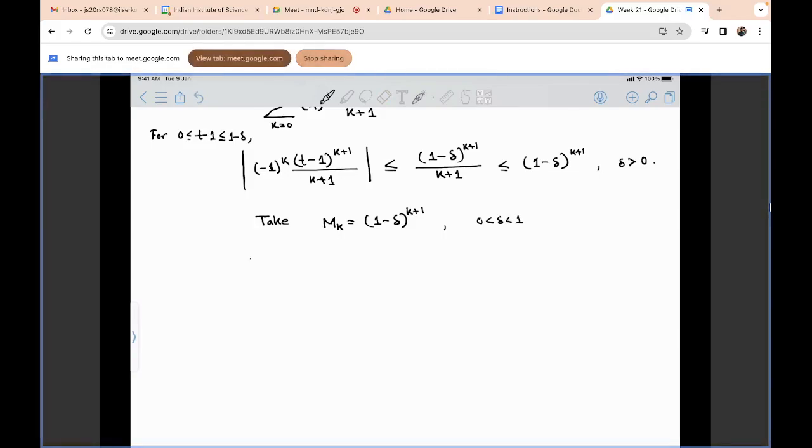Note this series, summation k equals 0 to infinity of 1 minus delta to the power k plus 1, is finite, as it is a geometric series with x to the power k plus 1, where x is less than 1.